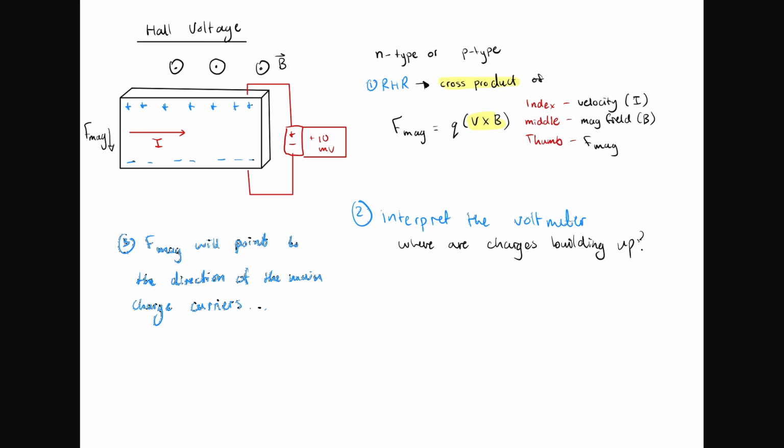So in this case, F mag is pointing down, which is towards the negative charges. So for N-type or P-type, the answer here is that it's an N-type.